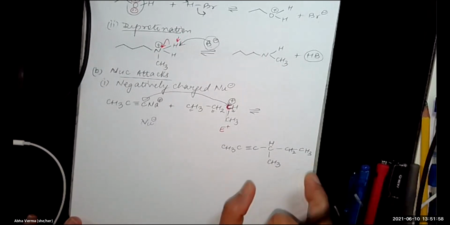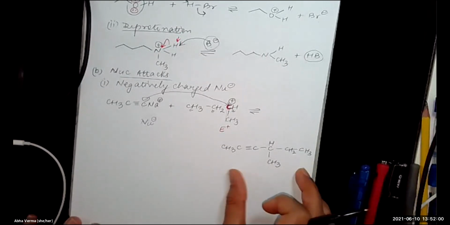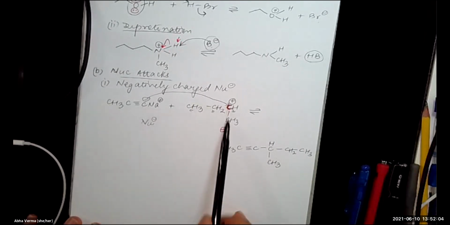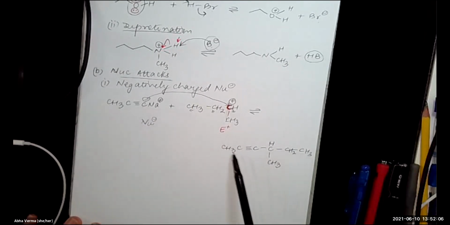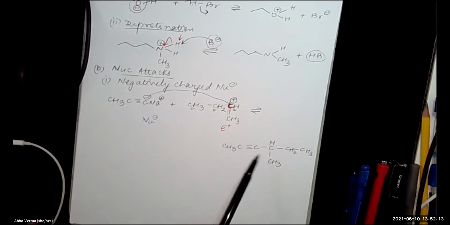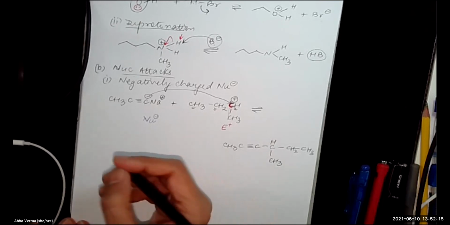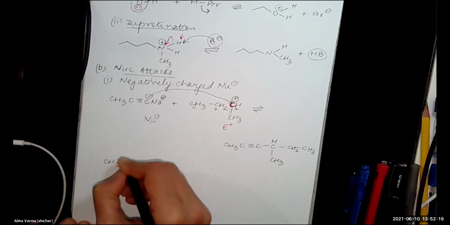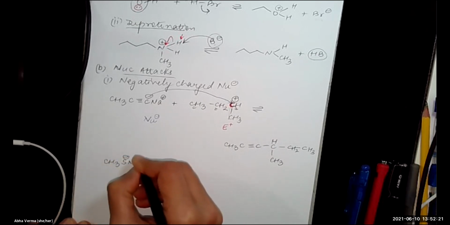This is my nucleophilic attack. Also, from 3 carbons here and 4 carbons here, I now have a 1, 2, 3, 4, 5, 6-membered long chain. So this is a very good nucleophilic attack for adding on carbons. Let's look at another example. Why don't all of you draw this in your notebooks also?